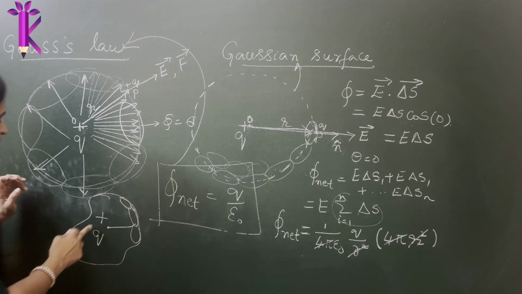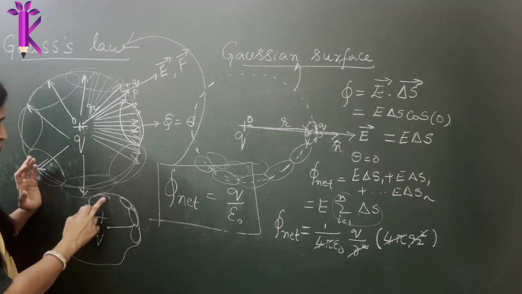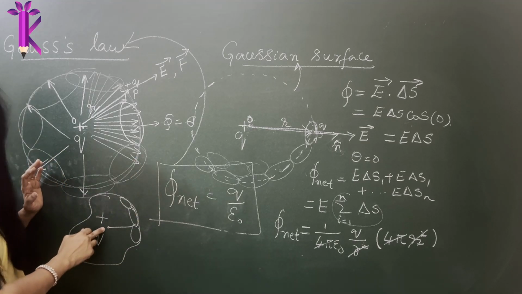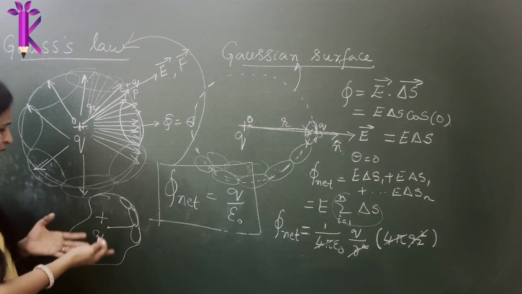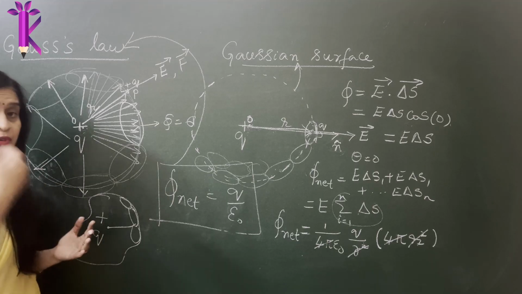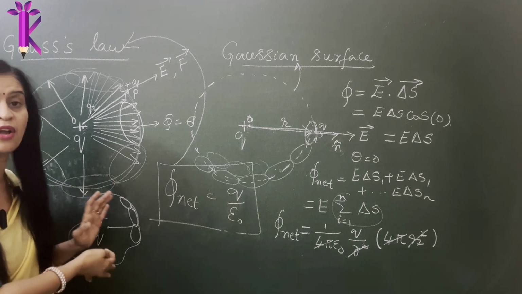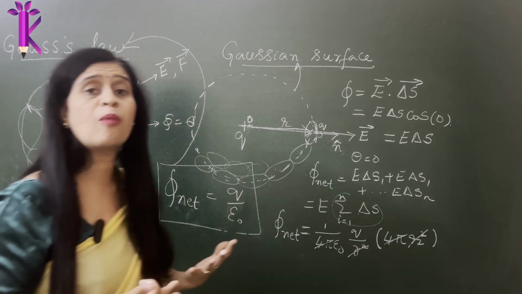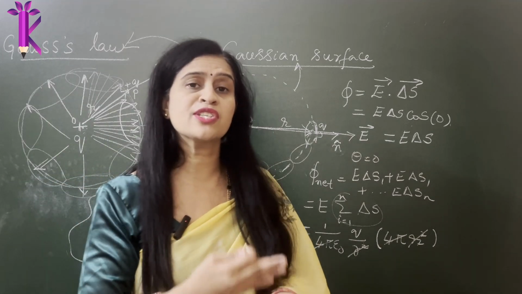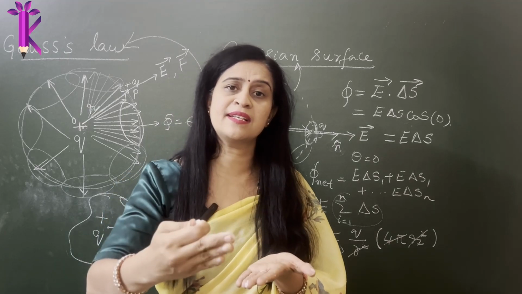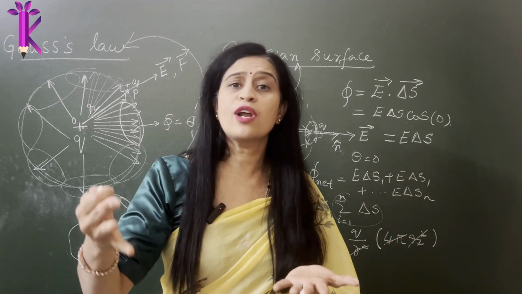If I assumed the imaginary Gaussian surface, which encloses this charge, to be any random shape, I do not know how to calculate it. I'll have to do complex mathematics and arrive at the expression for the total surface area, which will make my problem more complicated, because it is not just one surface area, two, three. You are not summing up 4 or 5 surface areas.